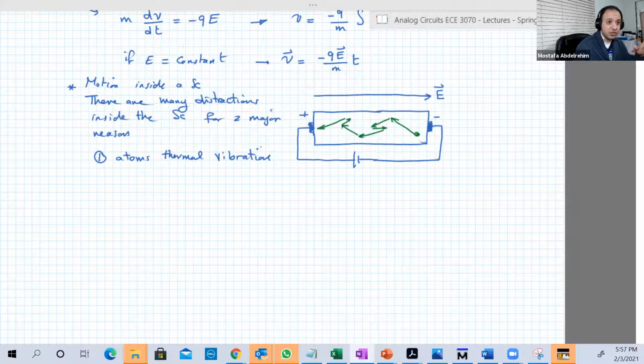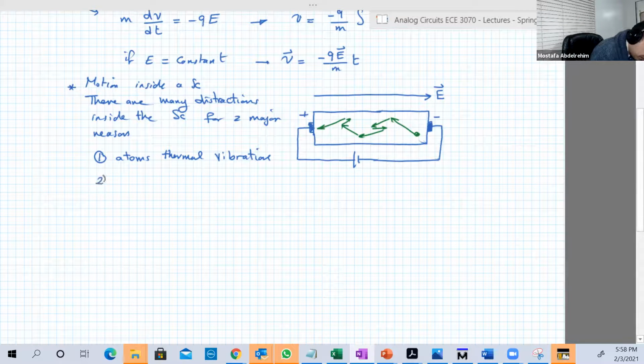So there is always thermal energy, if the temperature, of course, is greater than zero. When an atom absorbs some thermal energy, it is not moving, but it is vibrating, going up and down. And of course, if the electron was moving and suddenly it is hit by an atom, then it will deviate, or maybe be absorbed completely in the atom. So this is number one.